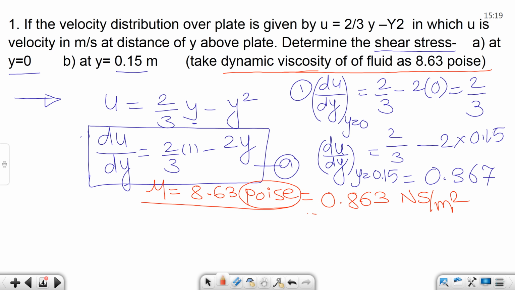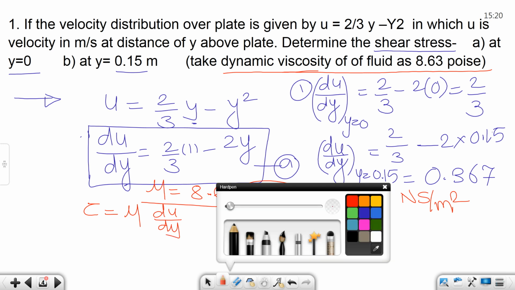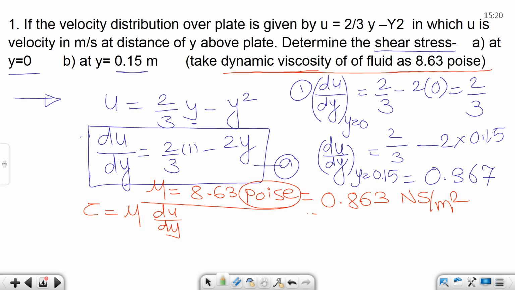Now, very simple last step. Put the values in the equation of Newton's law: tau is equal to mu du by dy. First, what is the mu value?